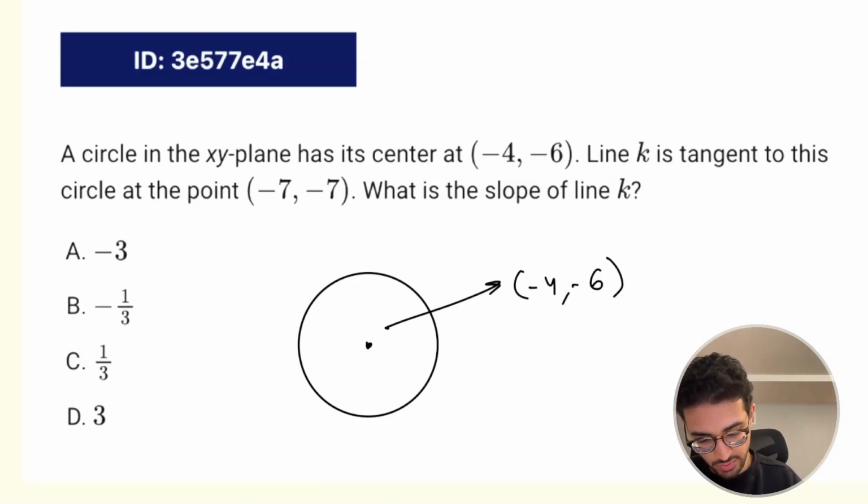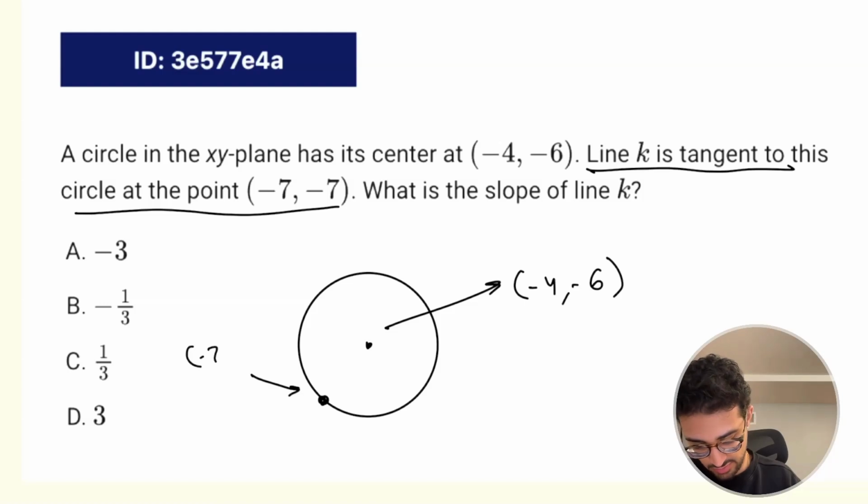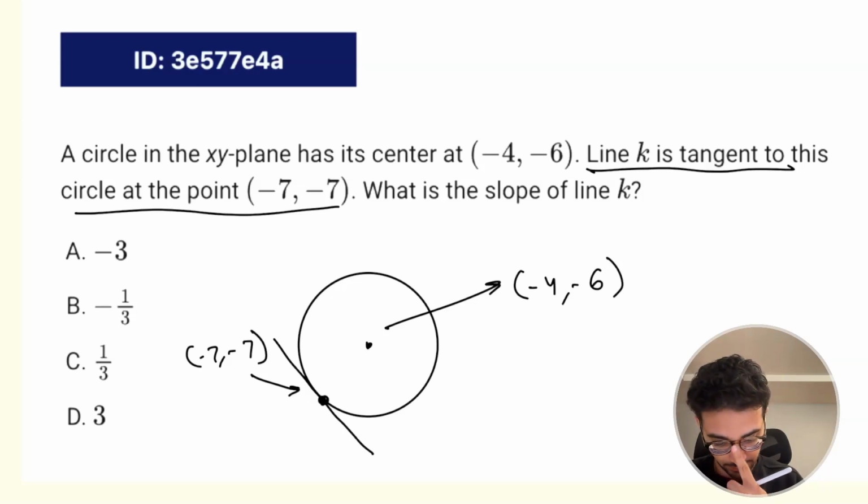And then we have a tangent to this circle at negative 7, 7, which means it's going to be somewhere down here. This is just an approximation. Negative 7, because it's lower and to the left relative to this point. And they're saying there's a tangent line, so it should be something like this. Something like that.